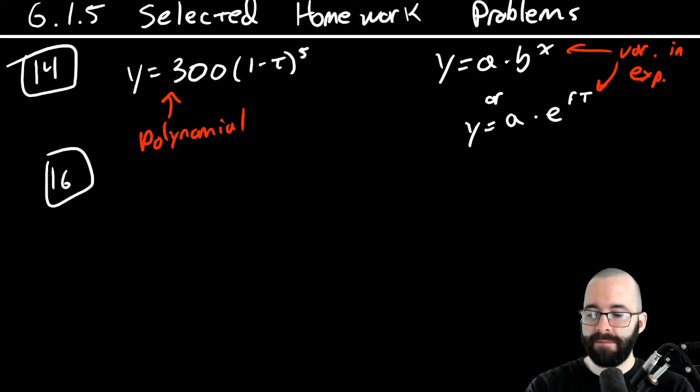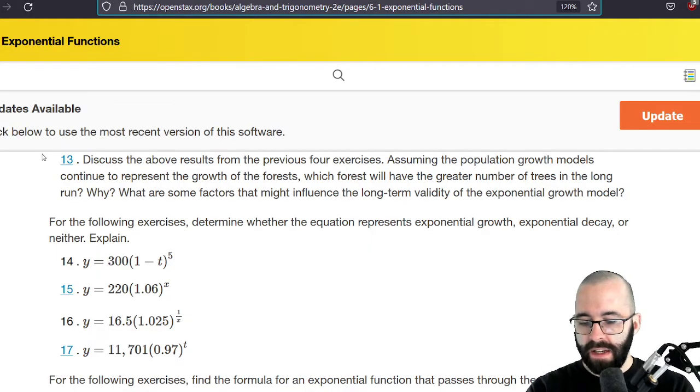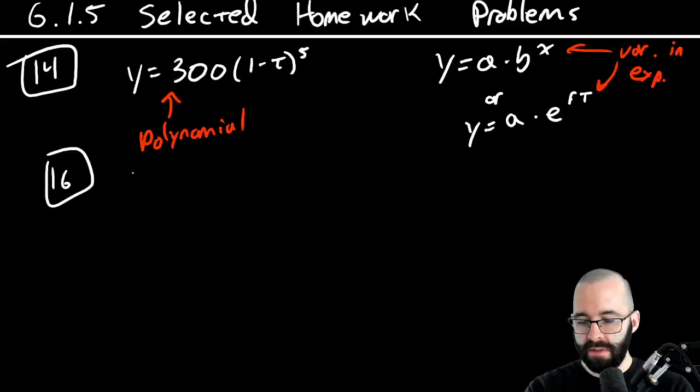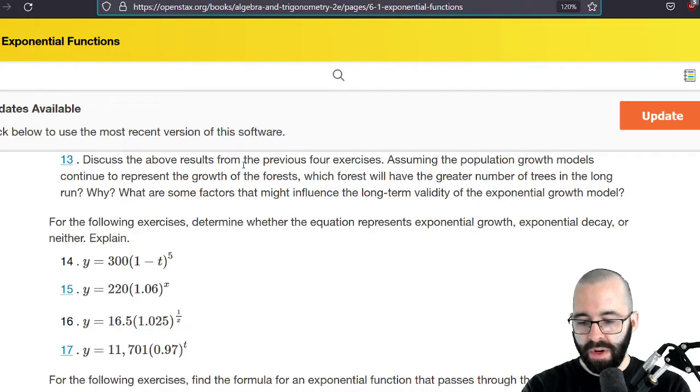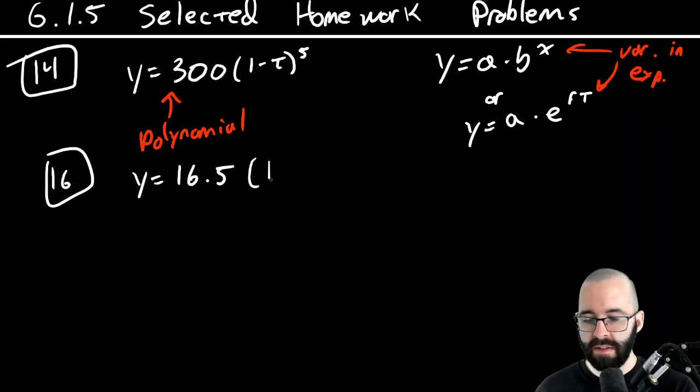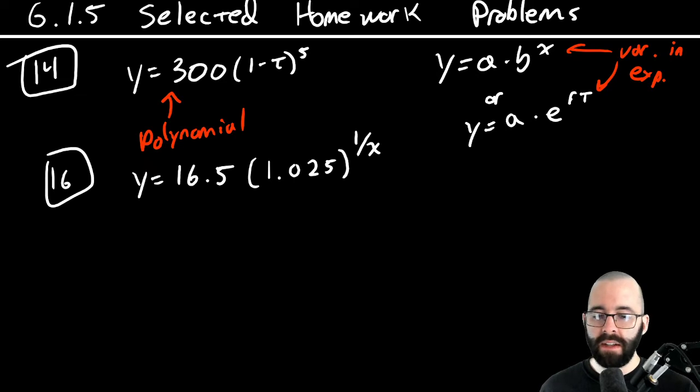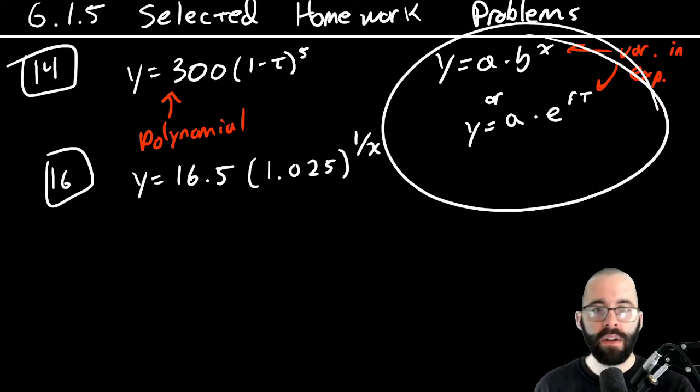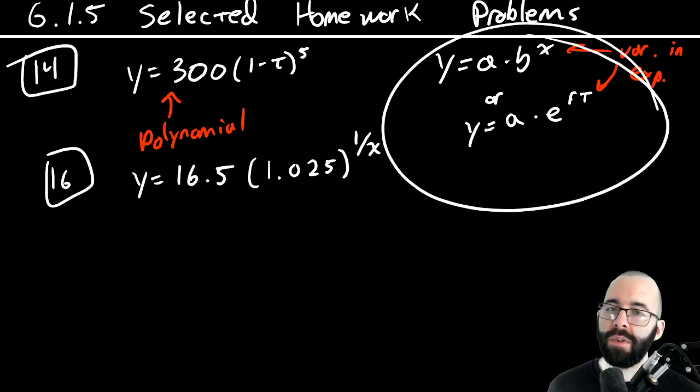Let's do 16. y equals 16.5 times 1.025 to the 1 over x. So this isn't in the right form either, but it's very close. Wait, no, it's not.